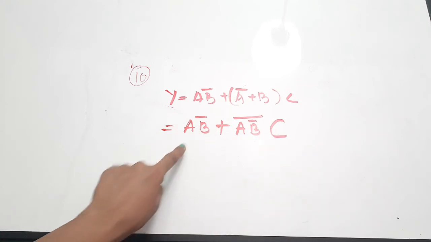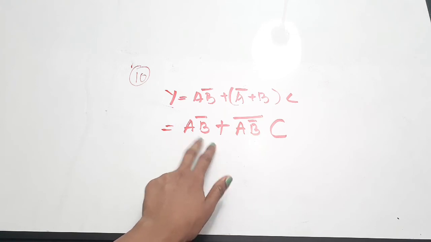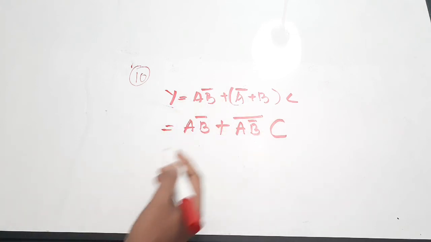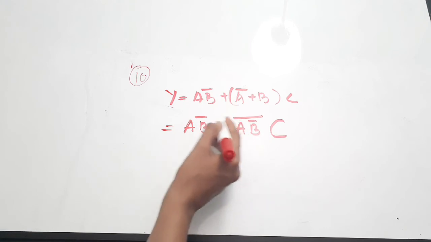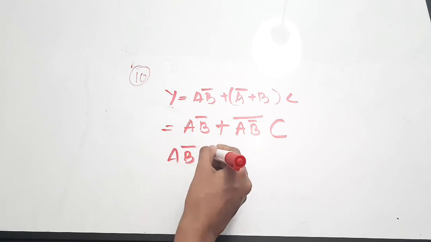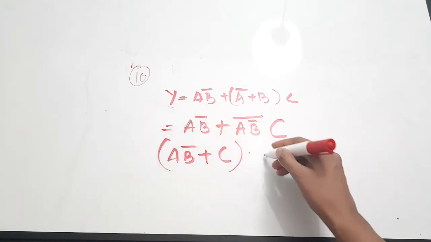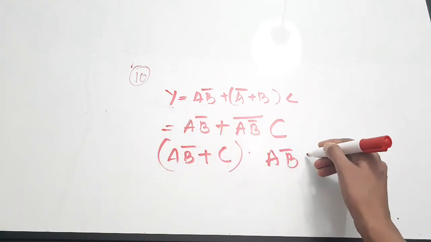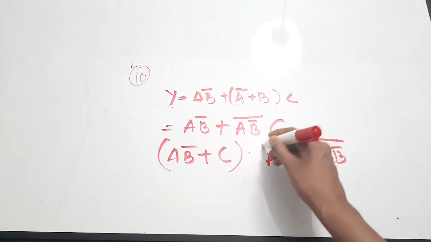Now I'm going to take this AB bar inside, that is, I'm going to distribute this plus sign. So it will be AB complement plus C into AB complement plus (A B complement the whole complement).